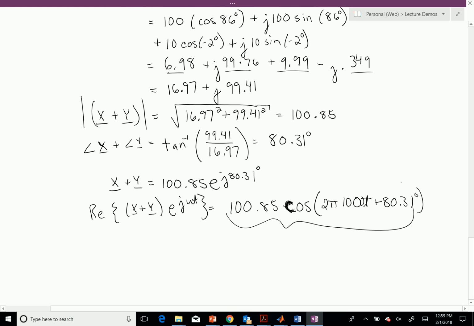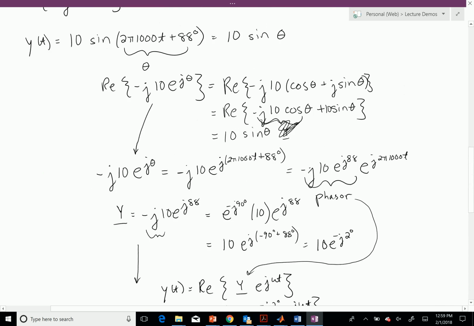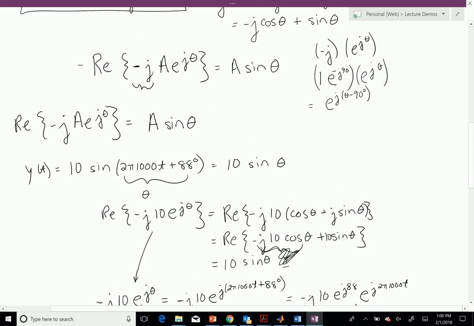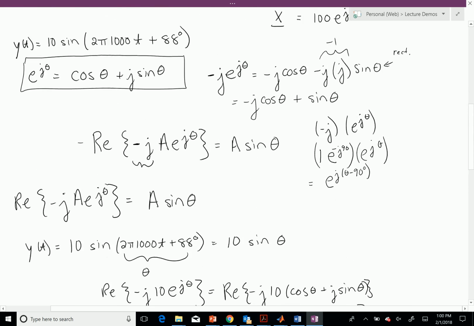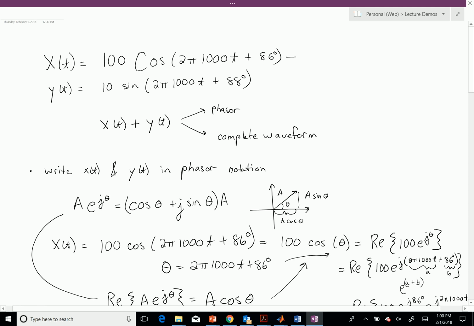Now, this gets a lot easier if you just recognize that when I see this guy, I can quickly represent it for a cosine: I just get the amplitude times e to the j 86 degrees. If I see that's the phasor, that's pretty quick. For this guy, what I have to remember is the phasor is minus j times 10 e to the j 88 degrees.